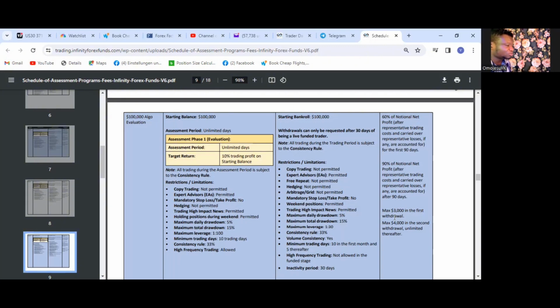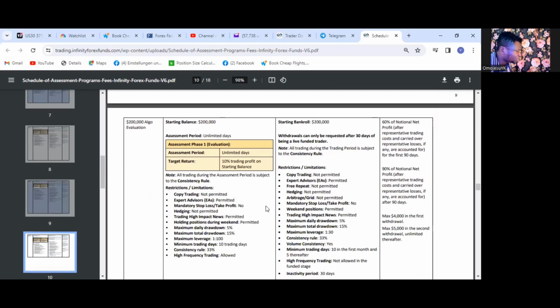I'm not recommending anything, I'm using them, so I'm basing this on the experiences I've had with them. I love this rule because on $100,000 they expect you to make just 3% on your first withdrawal, and the second withdrawal 4%. Then after that, you can make any amount you want.